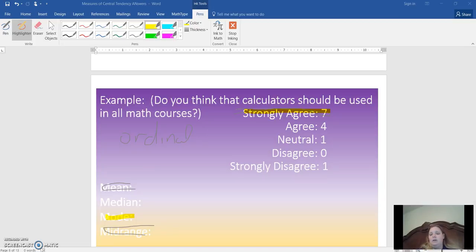So we would count strongly agree, and then a disagree, a strongly disagree, a disagree, a neutral, an agree. And our middle happens to actually occur in the 7th spot for strongly agree. So that's the median. But the absolute best for ordinal, no doubt, is the mode, the category that's most often.